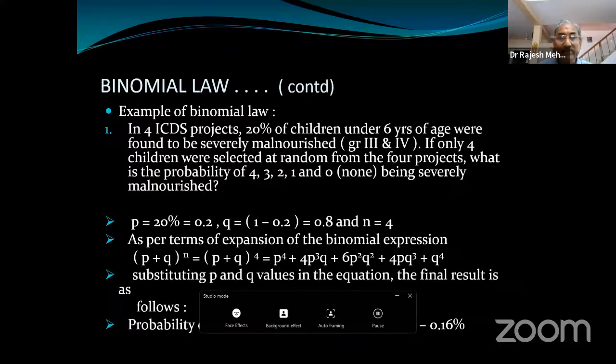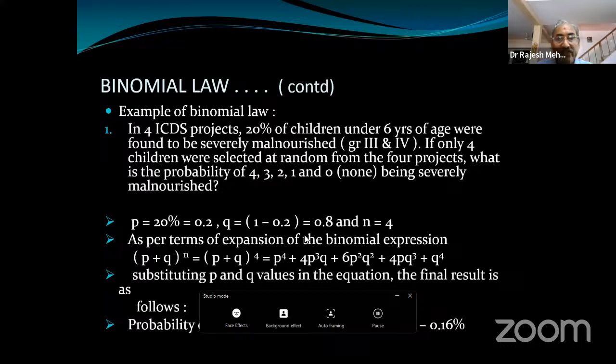So in this case, P plus Q is equal to 1, and here P is equal to 0.2, Q is 0.8, and N is equal to 4. You are taking four children from the four projects, right? Suppose you are taking five or six children, then N is equal to 6.